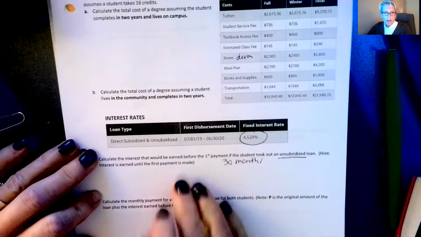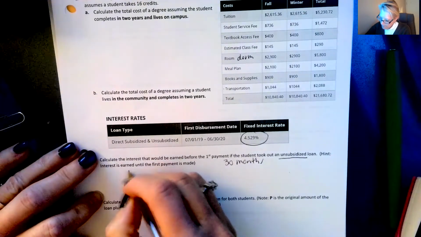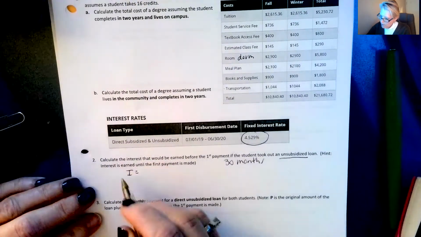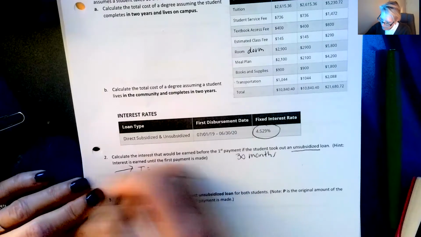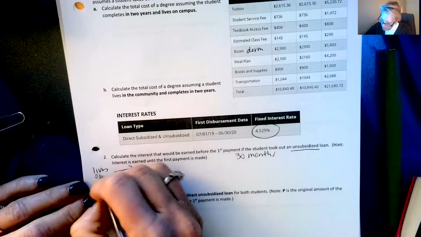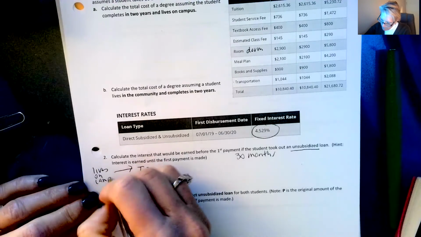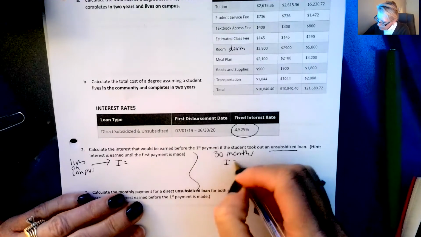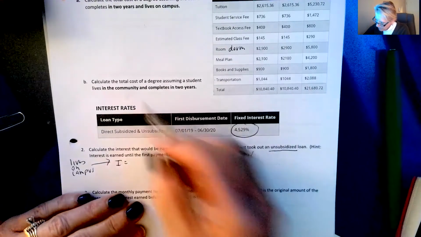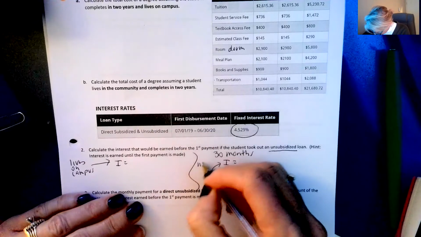You're going to want to find that interest for the person living on campus, and also for the non-campus student.